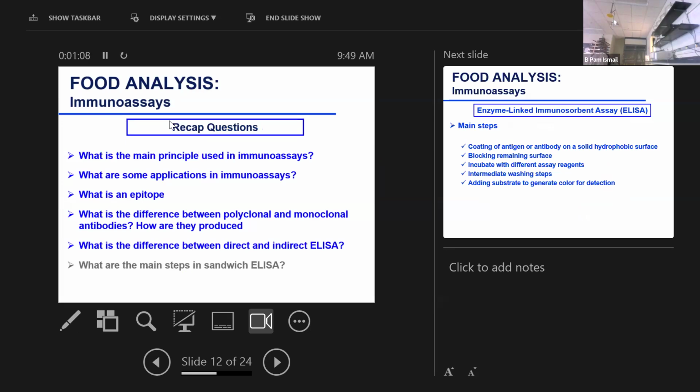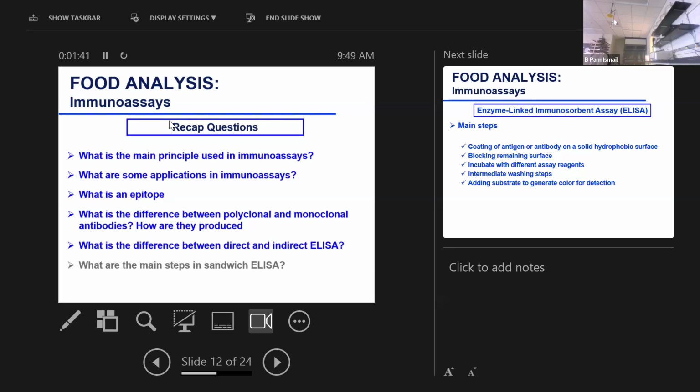Okay, so what's the main principle used in immunoassay? Very simple. Antigen reacts with antibody. So it's based on antigen reacting with antibody. Applications? Protein, for what? Allergens is one. What else? Adulteration, like meat adulteration, when you have different types of species of meat that shouldn't be there. What else?